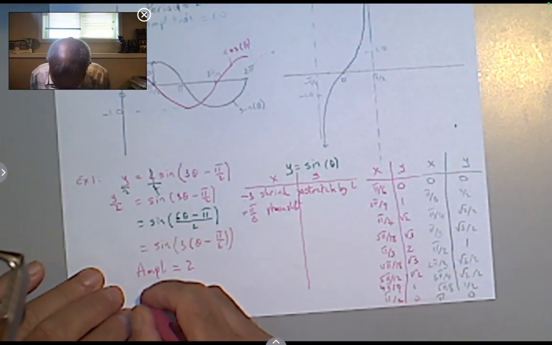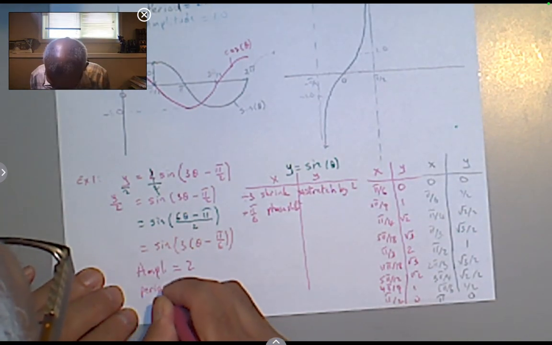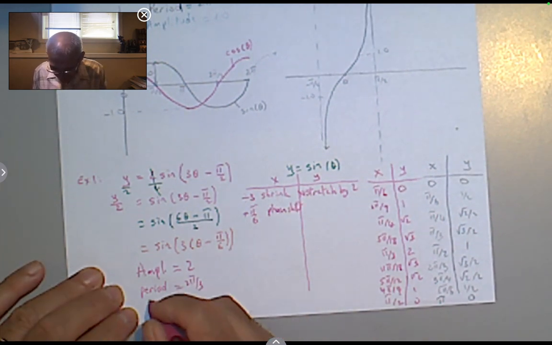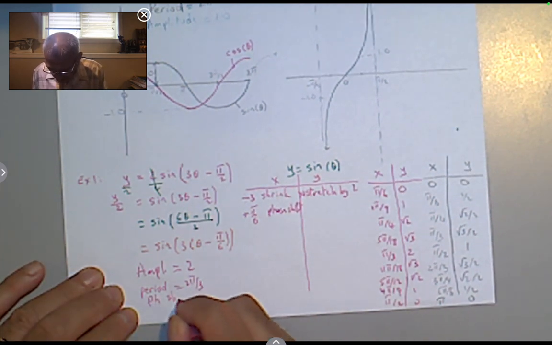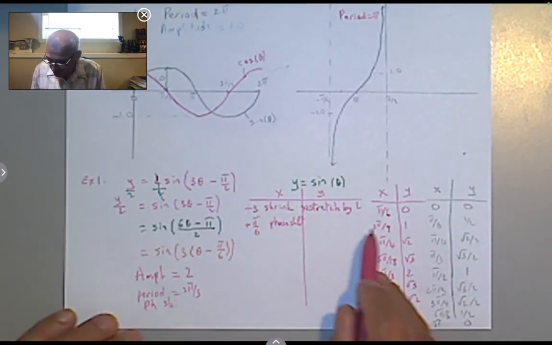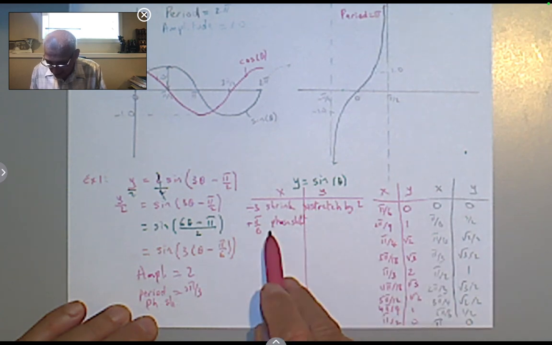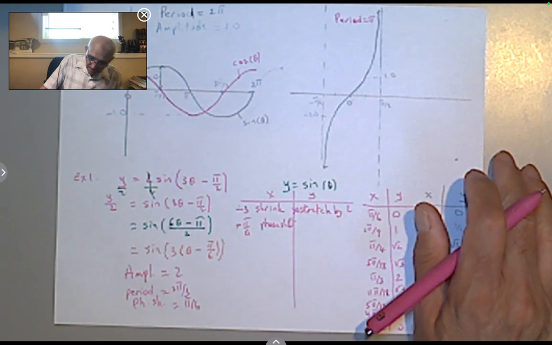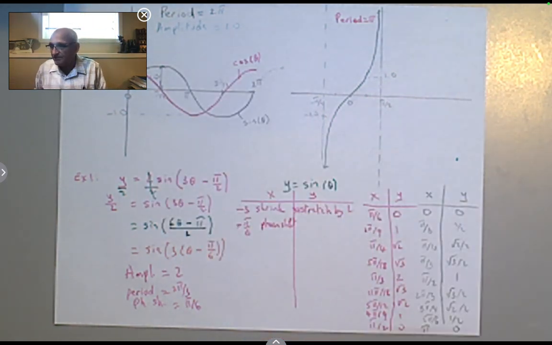So the period is 2 pi over 3. Phase shift, meaning where do I start drawing the sine? Where I start at 0 is pi over 6. And finally, maximum is 1 and minimum is -1.